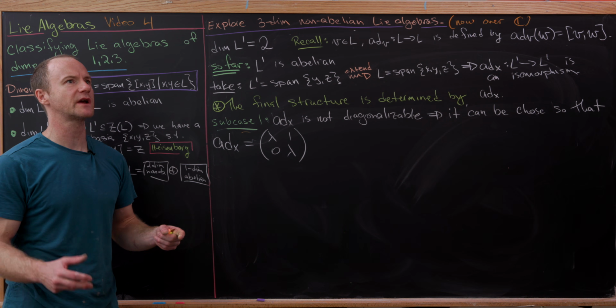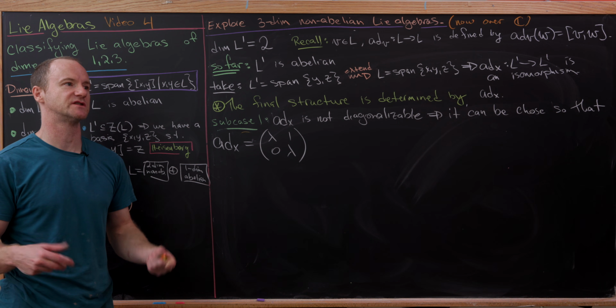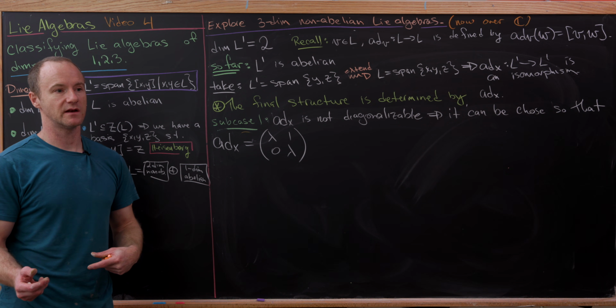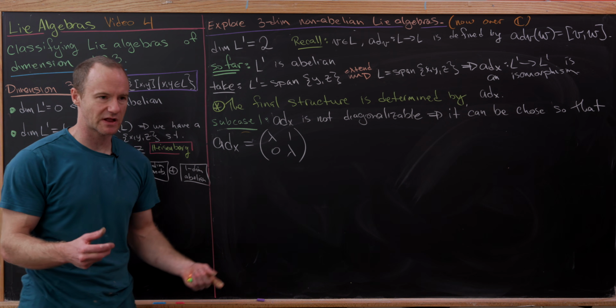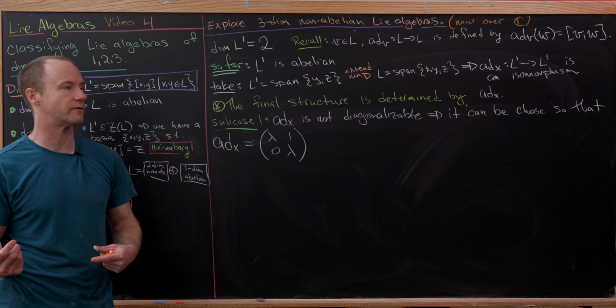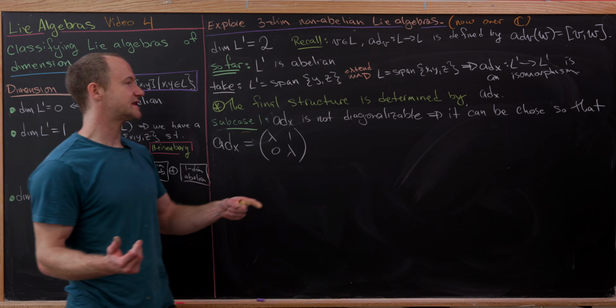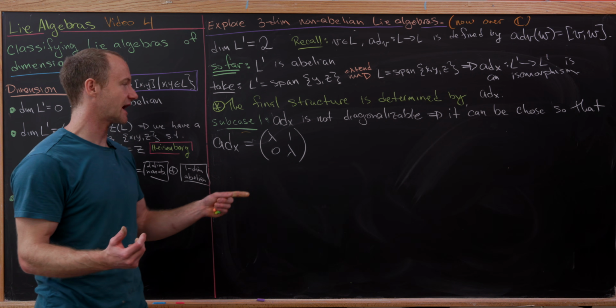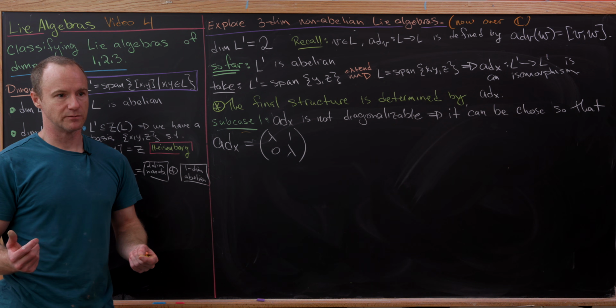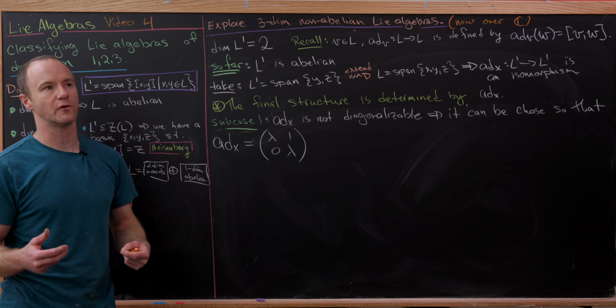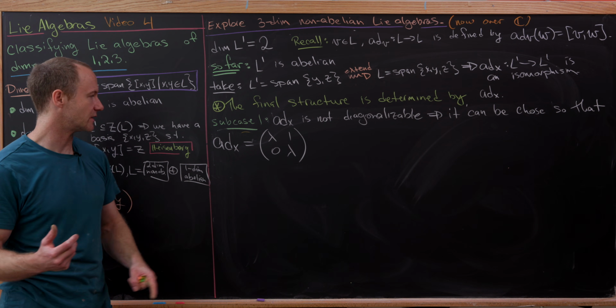But that's totally okay because not all linear transformations are diagonalizable. The ones that aren't have a so-called Jordan canonical form. So we can choose an x so that ad x is in its Jordan canonical form. So we've got a repeated eigenvalue.